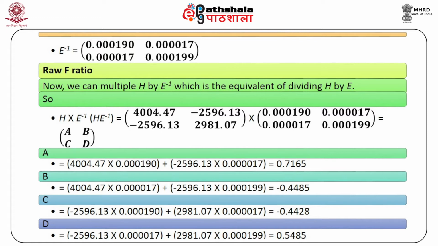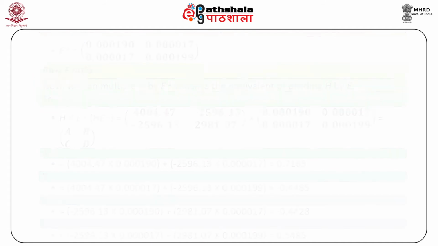So, there is a model matrix and there is an inverse E matrix, right? And to get the F ratio, we multiply the model matrix with the inverse of the error matrix, and the result is shown and the calculations are done. So, we have for each cell a new figure.